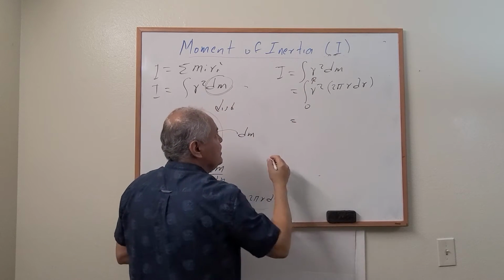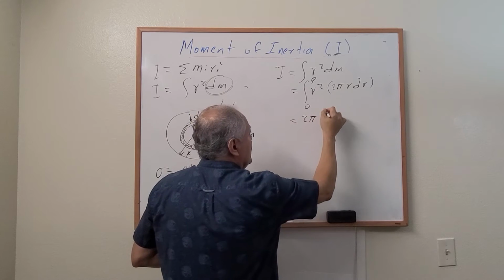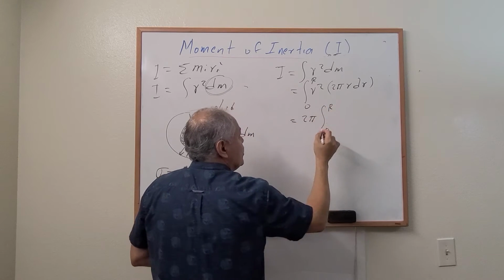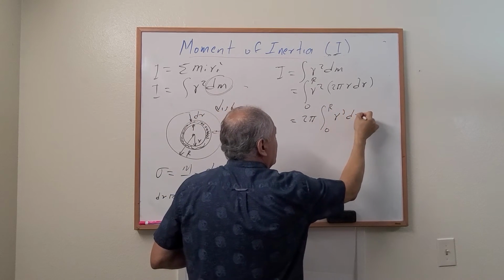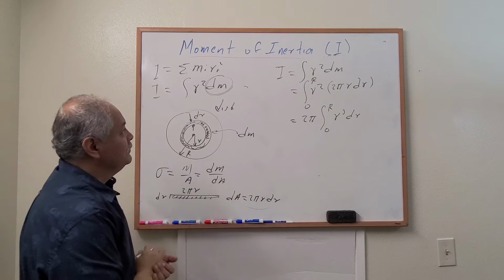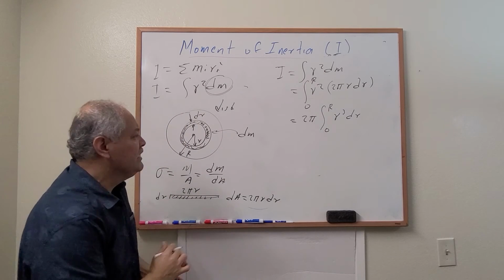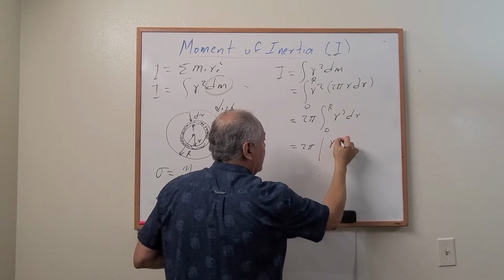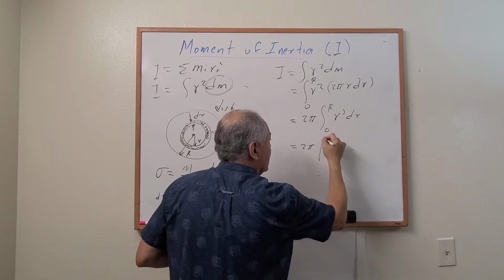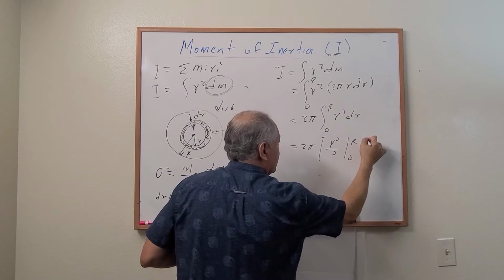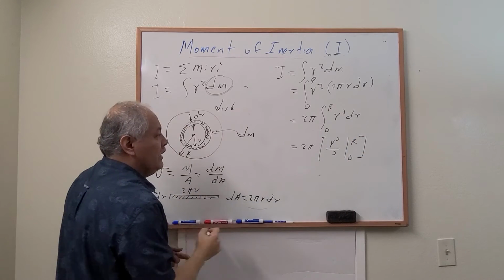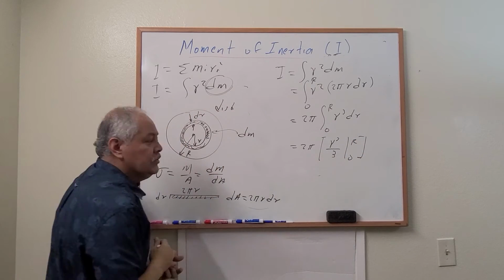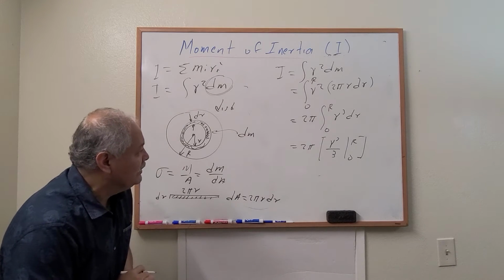And now this equals what? 2 pi integral from 0 to R of r cubed dr. Perfect. And now this is equal to 2 pi. What is this integral? It's r cubed over 3, from 0 to R, and we do this calculation in this way, correct?